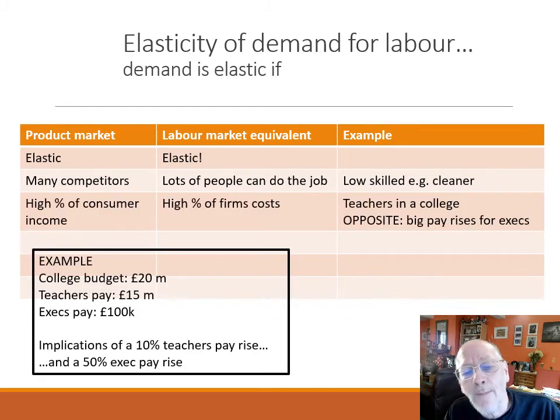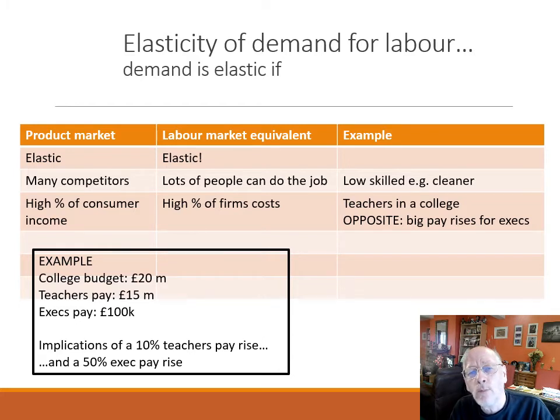Now, one that we can look at is the equivalent of the high percentage of a consumer's income. Now, the equivalent of that is if that particular labour makes up a high percentage of a firm's costs, then if that labour was to get a pay rise, that would make firms really start to look at whether they need that quantity of labour.